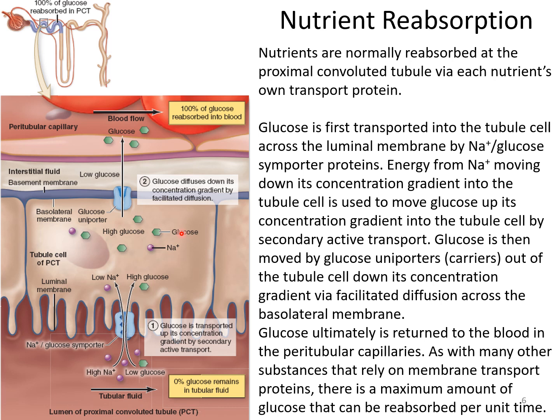And then just like any other substances that rely on membrane transport proteins, there's going to be a maximum amount that can be absorbed per unit time. We've got the sodium glucose symporter, we've got the glucose uniporter. We cannot use these beyond their capacity. We only have a certain limited number of these protein molecules, so that's going to be our rate limiting step.